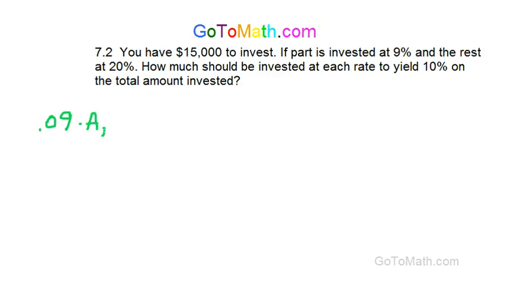So the first amount that we're going to invest is a part of the 15,000. We're going to invest that at 9%. And then we have 20%, the other amount, call it amount 2, is equal to, and then of course it says the yield at 10% on the total investment.